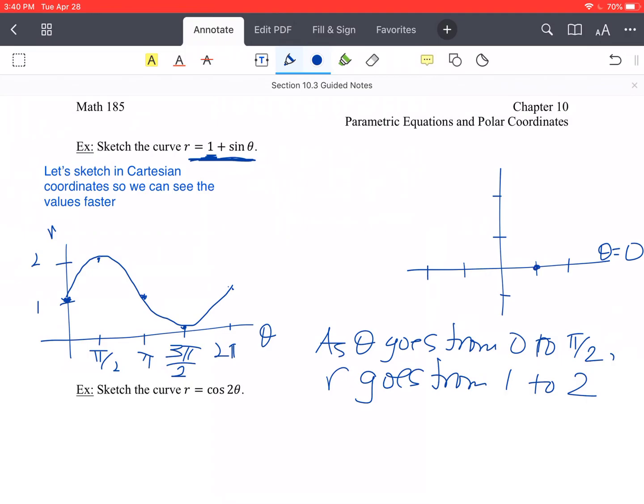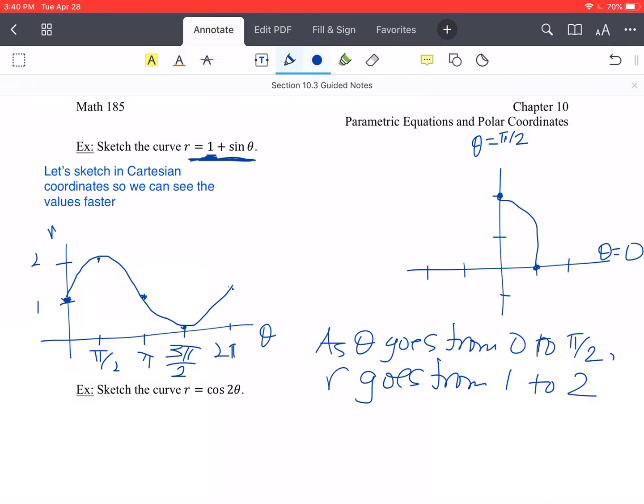Okay, and then it goes up as theta goes to pi over 2, which is up here. R goes to 2, so 2 units up there. So that's going to look something like that. If I can kind of put a nice curve on it there.